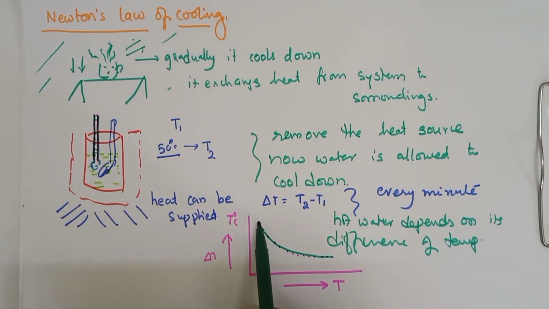Initially the cooling rate falls drastically and it gradually stabilizes. So from this we can write a simple statement of Newton's law of cooling, how the heat exchanges, how the negative heat rate we can find out.